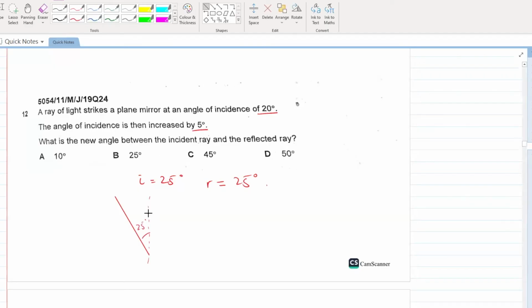This will get reflected like this. This will also be 25 degrees. So, what is the new angle between the incident and the reflected ray? The new angle between the incident and the reflected ray is this complete angle, that is 25 plus 25, that is 50 degrees.